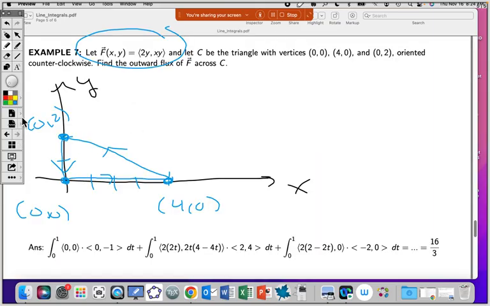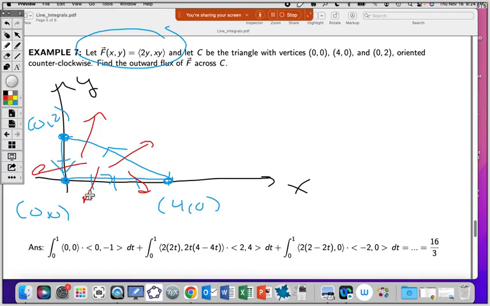If we're trying to figure out the outward flux of this field across the curve C, trying to add up how much stuff is getting out from this region, I could figure out how much stuff is getting out across the bottom side, this side here, and this side here.